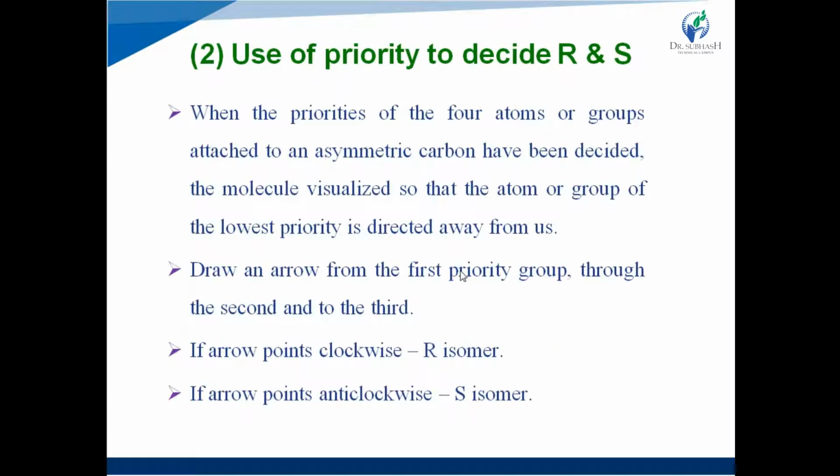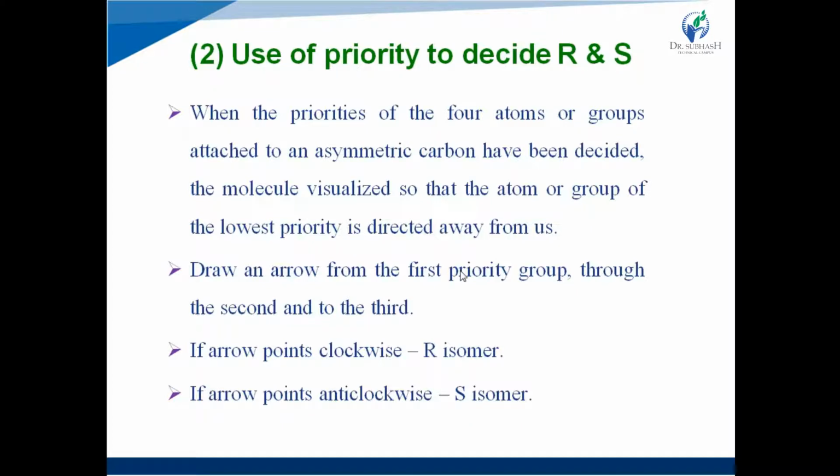Now, use of priority to decide R and S, right? After giving priority to the 4 different groups or atoms attached to the chiral center, it is decided whether the given compound is the R isomer or the S isomer.